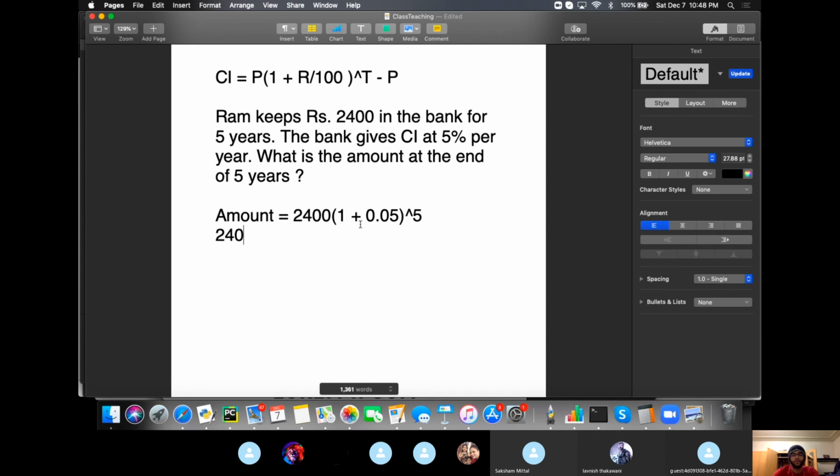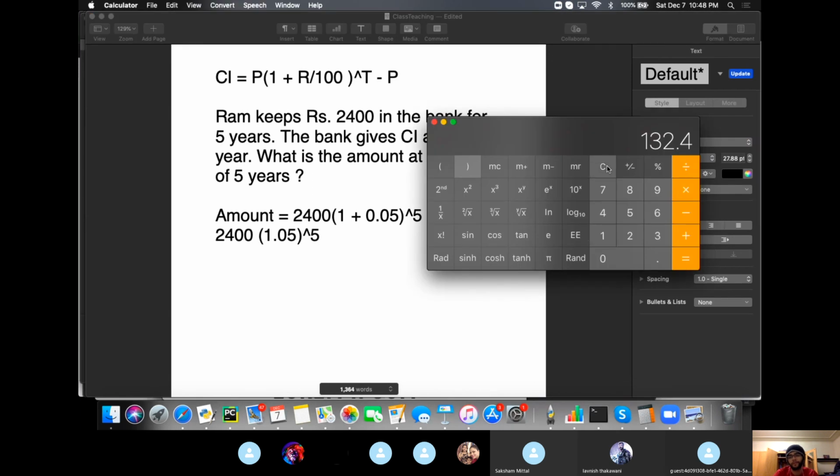So that is 2,400 multiplied by 1.05 raised to the power 5. What is 1.05 raised to the power 5? You want to use a calculator for that one? It's 1.276, whatever.